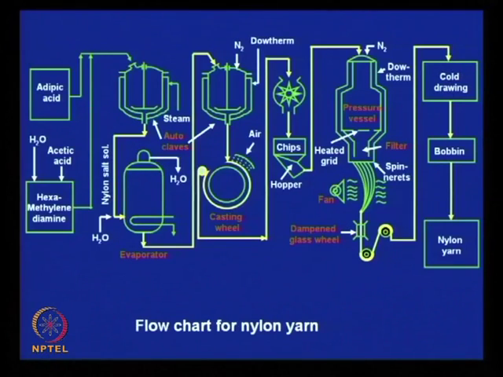Now, here this is a condensation polymerization. It needs a strict control of stoichiometry. You have seen, if the stoichiometry control is not properly maintained, one cannot lead to high molecular weight product.